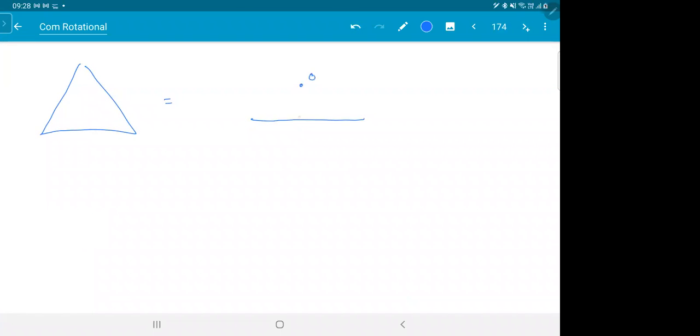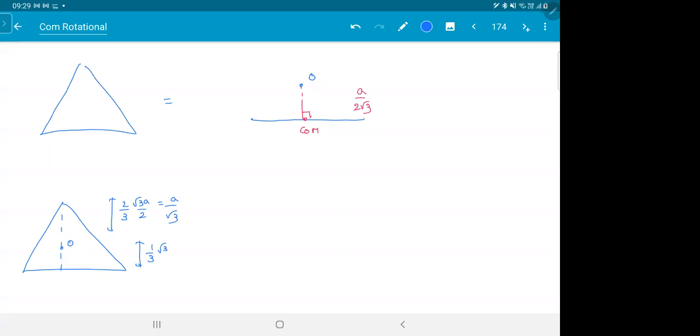This is O. Now, for this rod, where is the center of mass? Let's take each rod. This is the perpendicular distance, no? How much is the perpendicular distance? A by 2 root 3. This thing we did multiple times. You should mug up by now. The centroid divides the median in the ratio of 2:1. This will be 2/3 of the height. This will be 1/3 of the height. So mug this up. We did this in torque also.